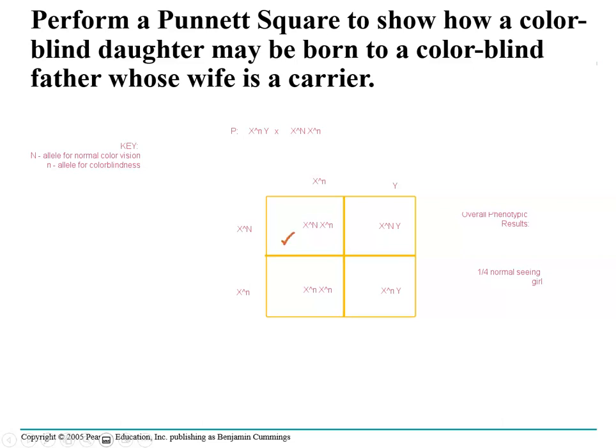It's the only probability of a normal seeing girl. Now, let's finish up the girls. Actually, let's read it like we usually do, from left to right across the top, just for consistency with how I've done it in the past. So the next box shows a boy, XY, with also the dominant allele. So that's a normal seeing boy.